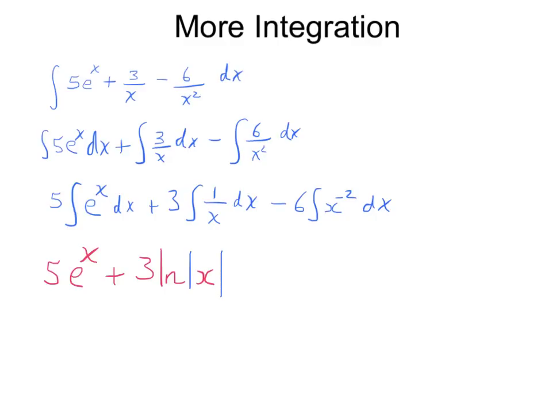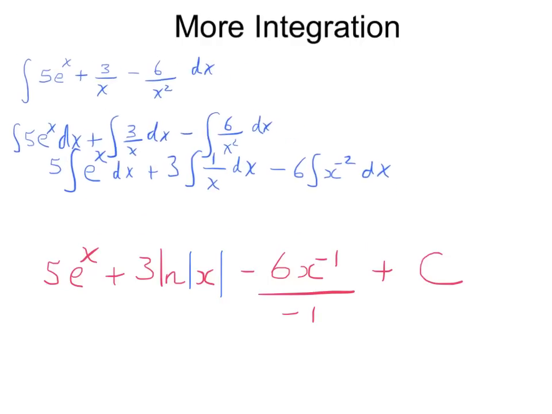You have to remember that modulus sign because it has to be positive, minus 6, and then x to the minus 2 becomes x to the minus 1, divide by the new power of minus 1, and then plus, again, as before, I've got 3 constants of integration from doing 3 integrations, but 3 constants added together are just again going to give me one big constant, which I'm just going to call c, just because it's easier.